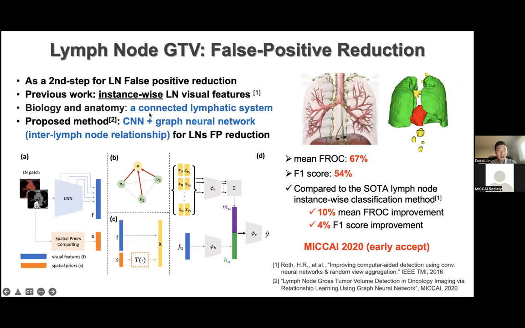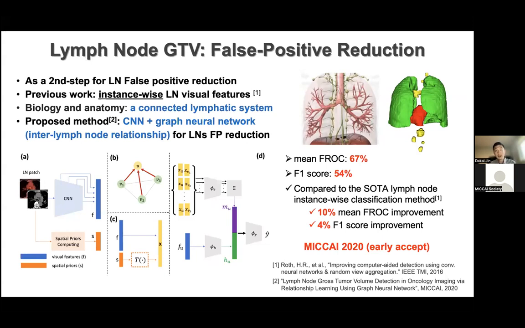They propose that when you do this second step, false positive reduction, not only can the instance-wise lymph node visual features be considered, but you can also consider the lymph nodes as a connected system, so that both the instance visual features and the relationships can be modeled using a graph neural network on top of the CNNs.